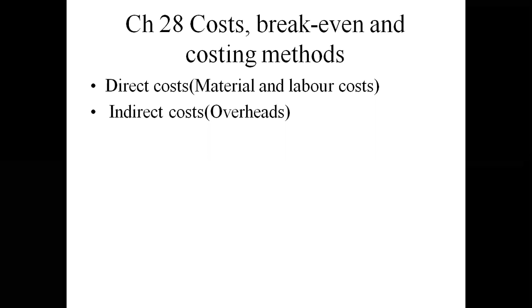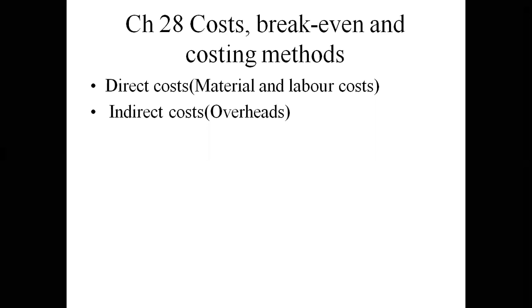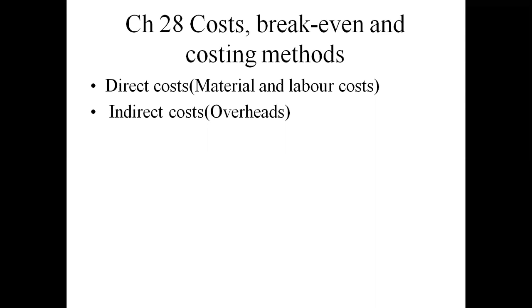Because there are so many shoes being manufactured. You just know that you have to pay rent at the end of the month. But what cost of rent is involved in making one certain pair of shoes? We cannot calculate that. So it becomes an indirect cost because we cannot identify that cost from each product. Simple as that. That is exactly opposite of direct cost.